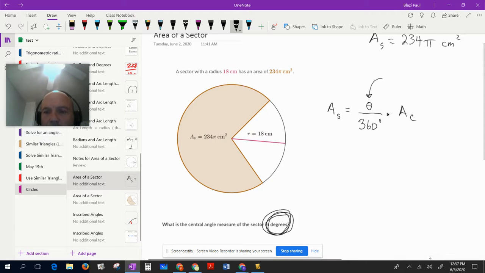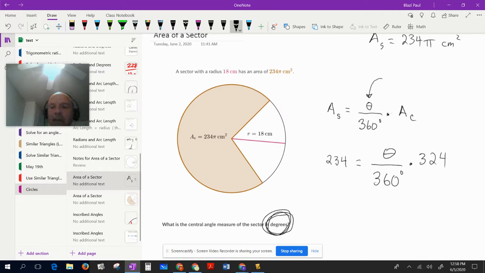Area of a sector, 234 equals, boom, I don't know my central angle. The area of the entire circle is 324. Okay.